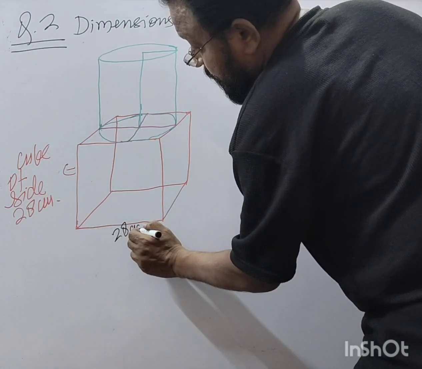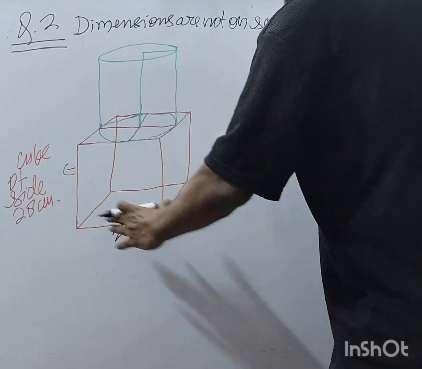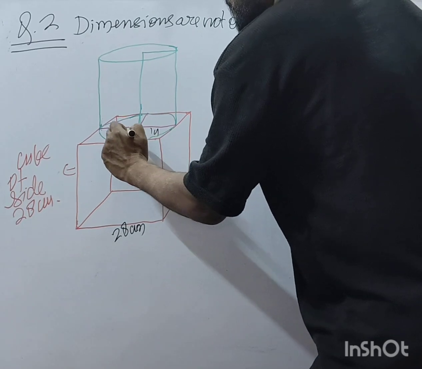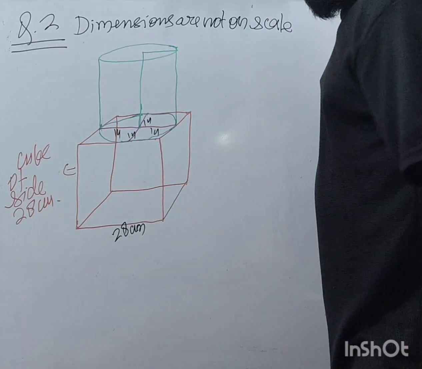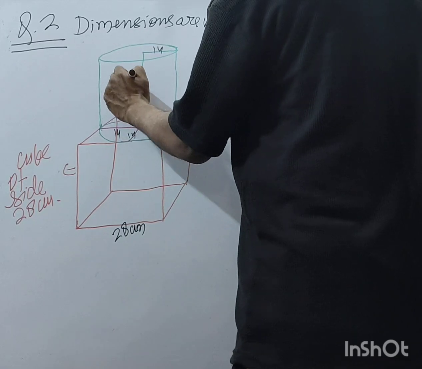Yes, sir. So radius is 14, 14, 14, 14 and 14. This is 14 and this height is 28.